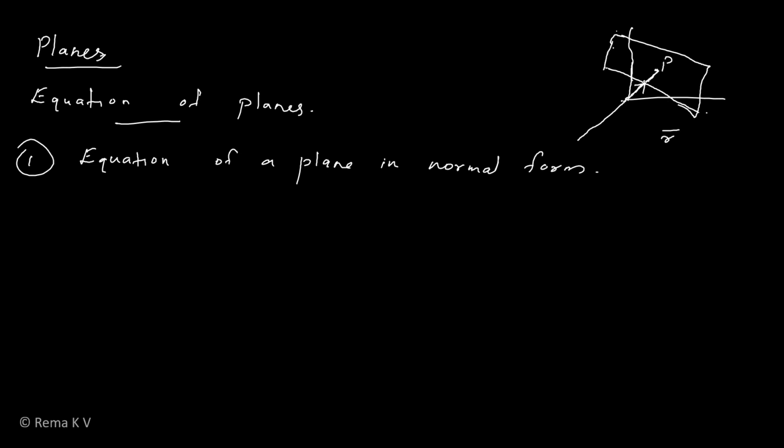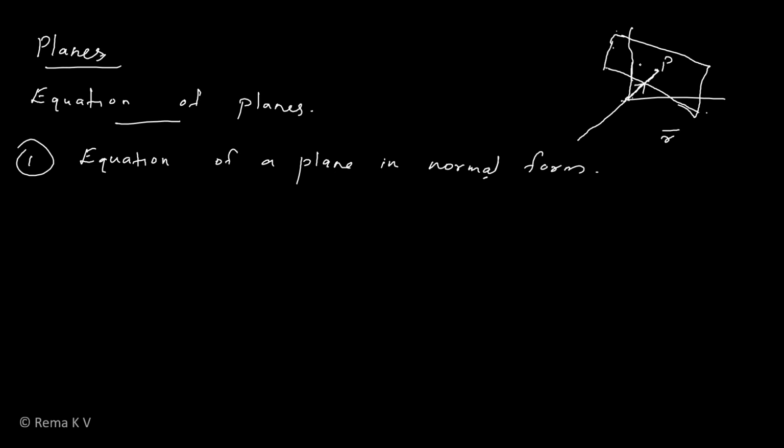And here, to write the equation of the plane in normal form, we require the perpendicular distance from the origin to the plane. We have to imagine this. Consider a plane in space. Consider the origin.